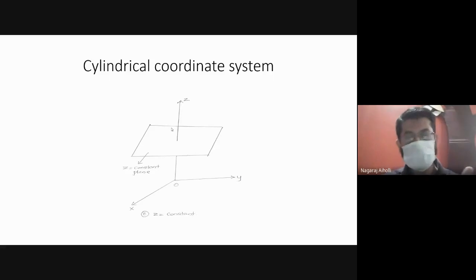So the floor is your xy plane, the opposite wall is your yz plane, and the side wall is the xz plane. So this plane is the z equal to constant plane, which is placed parallel to the xy plane. These are the three planes.